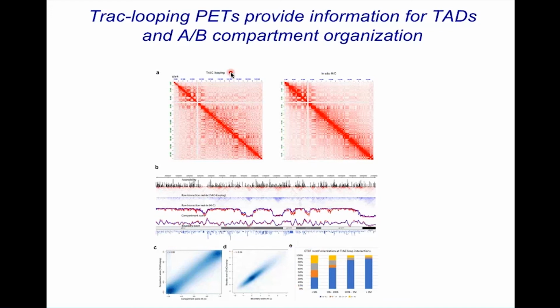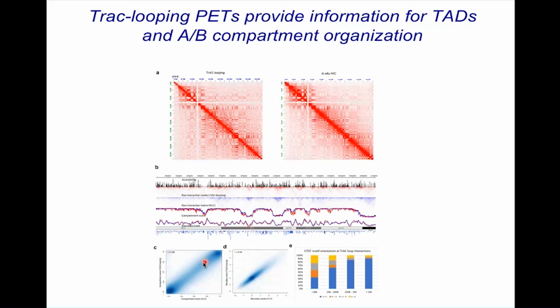Next, we will look at the higher order chromatin organization, such as TAD structure or compartment organization. As you can see, comparing Trac-looping and in situ Hi-C, they are highly similar using this interaction matrix. Also this TAD structure shown here, the blue is the TAD from the Hi-C, the red is the TAD from Trac-looping, and they're highly similar.